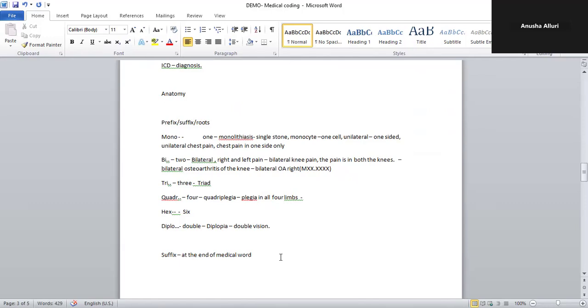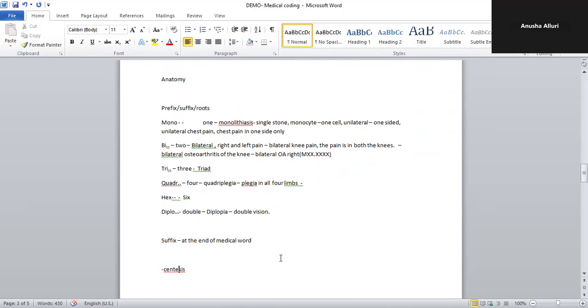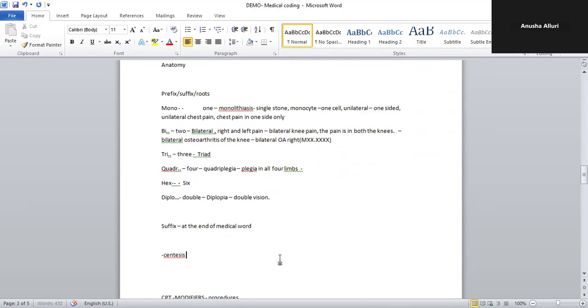In the case of surgeries, it will come with centesis. Centesis means puncture of a cavity to remove fluid. Amniocentesis means puncturing the amniotic cavity to draw the fluid, amniotic fluid. It is the suffix.